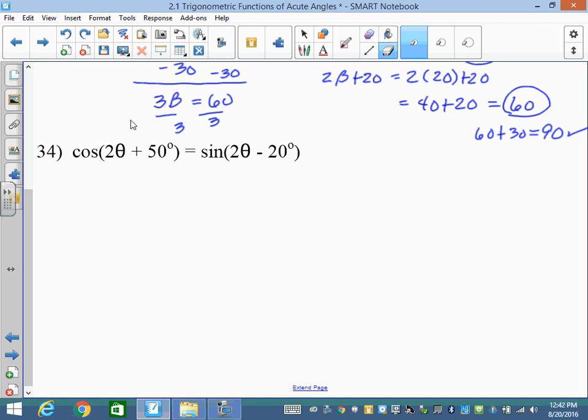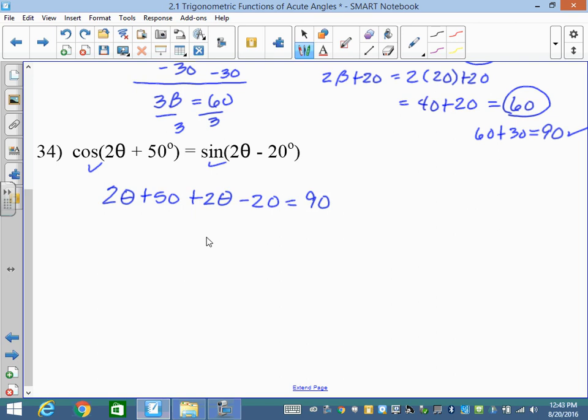All right, so let's see if you worked this problem through. Cosine and sine are definitely cofunctions. These are good, and we've already been told to assume things. So that means 2 theta plus 50 plus 2 theta minus 20 must equal 90.